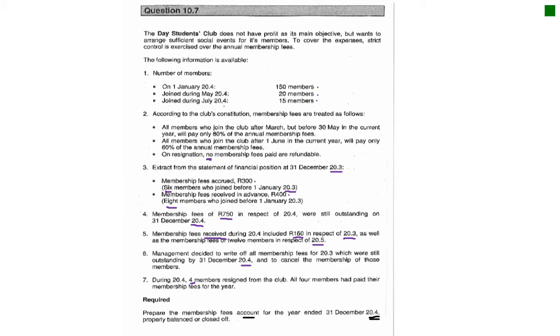Okay, so now let's think about what we need to do. The first thing is we need to think about how we're going to work out what the membership fees are that members need to pay. If we look at item number 2, we can put that information in the following format.